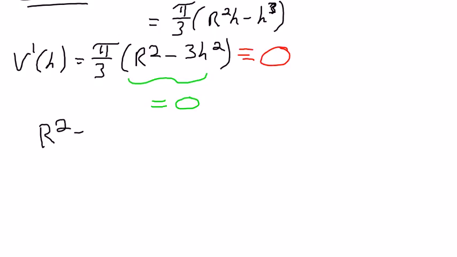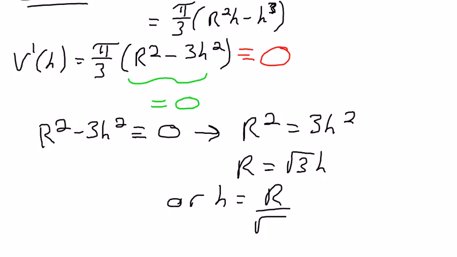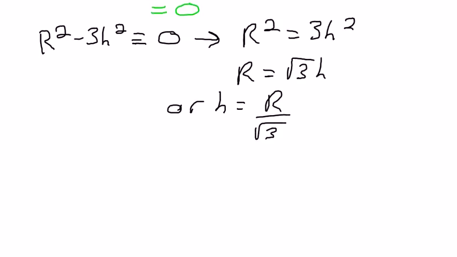So what's going to make this equal to 0? In this case, what you're left with is big R squared equals 3h squared. That gives you R equals root 3 times h, or h is equal to big R over root 3.